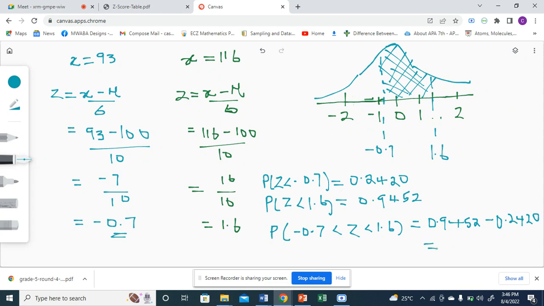What do we get? 0.9452 minus 0.2420, we get 0.7032. All right, so that is our answer.